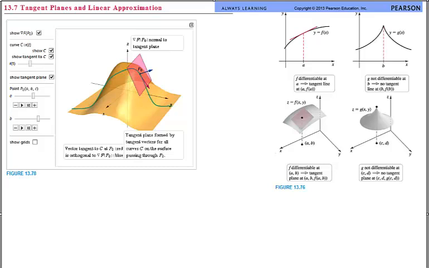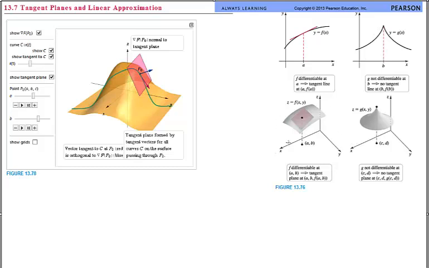So let's investigate this graph over here. When we first started talking about a tangent line to a particular function, we had to discuss whether or not it was differentiable at a point. And note, if we had some sort of corner or cusp, we said that it wasn't differentiable at that point.